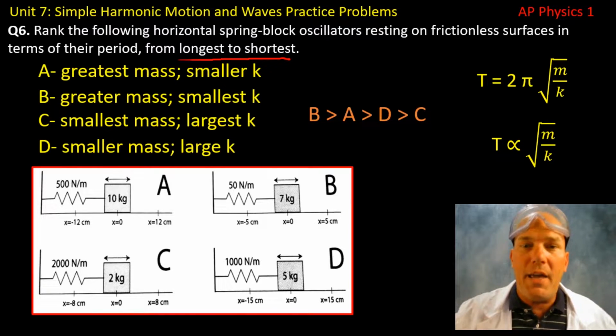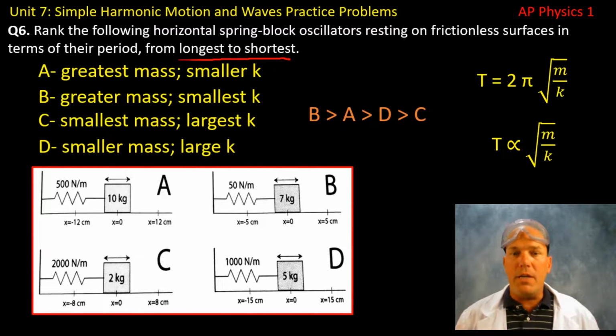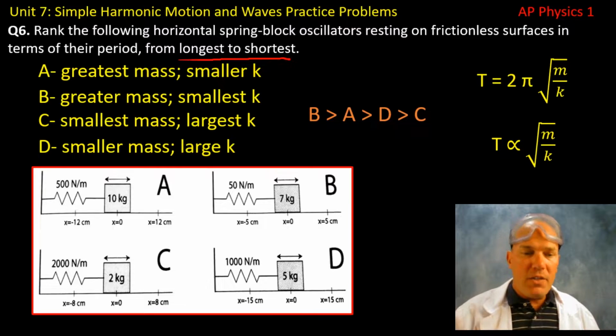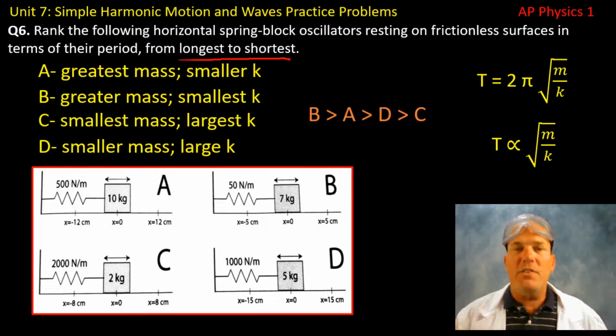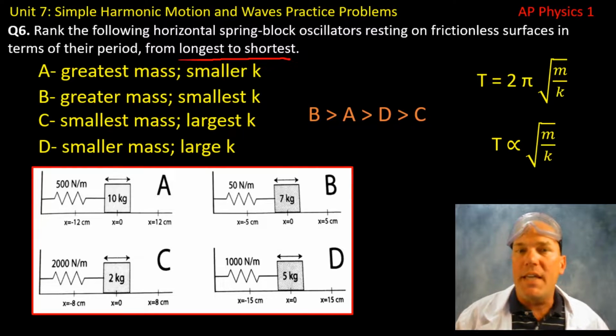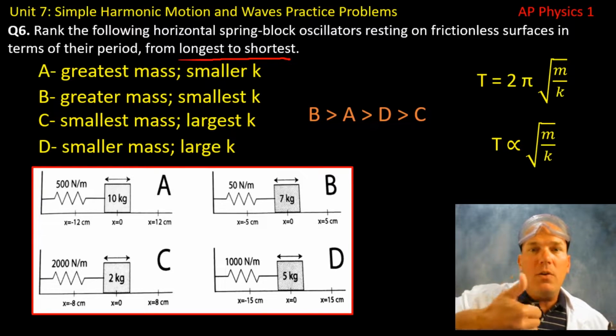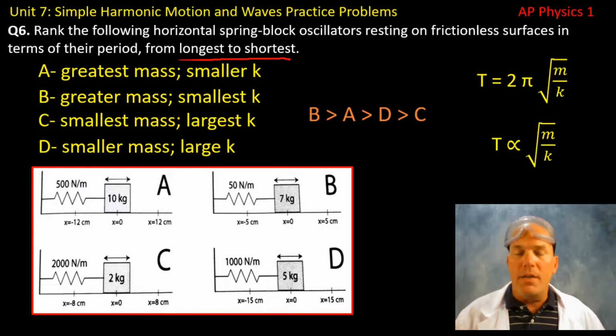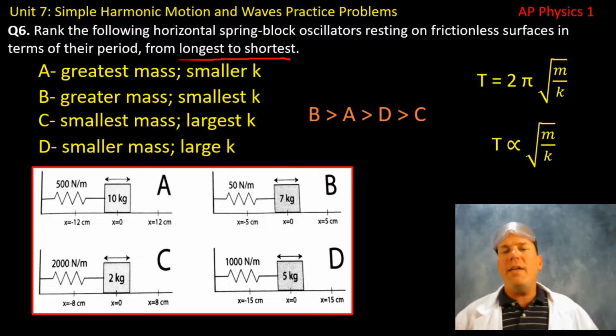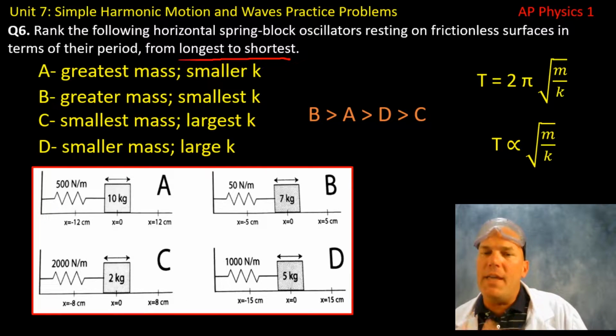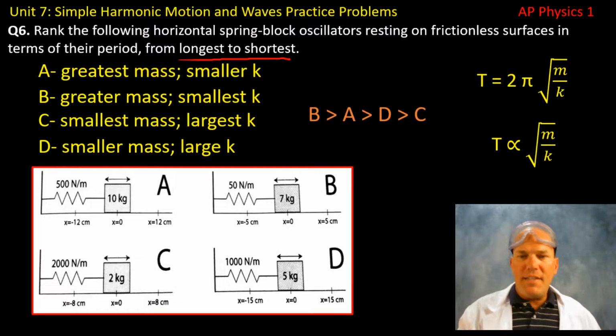The larger the mass, the longer the period. And B also has a very small value for K relative to A, C, and D. The smaller the K value, the longer the period. So we get our final ranking that B is greater than A, and then we can look at D and C.